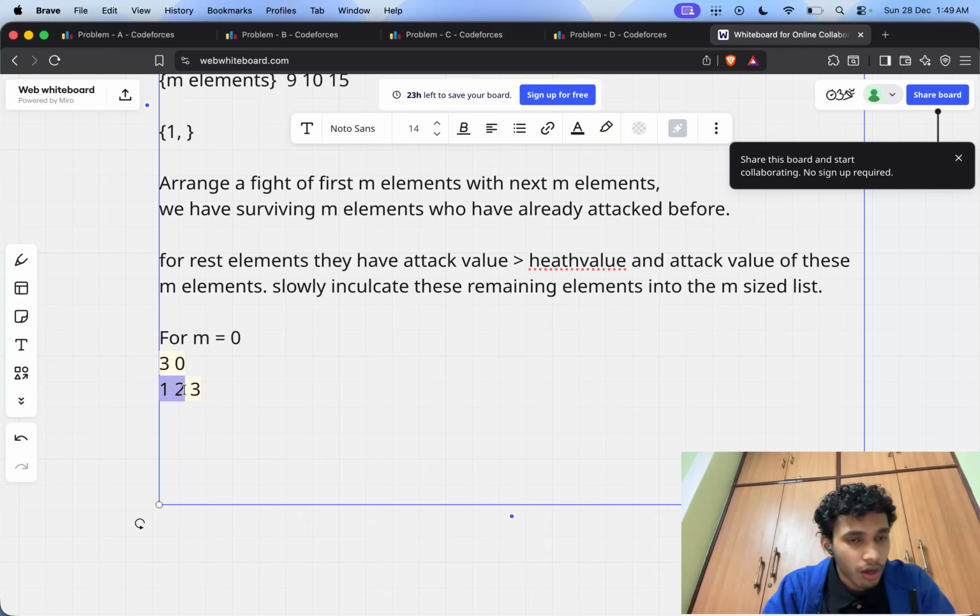If we let some elements fight such that first all the elements are sorted in attack order. First element fights second element, then first element will be dead for sure, and second element will be surviving for sure. Then second fights third, second dead, third remaining. Third fights fourth, third dead, fourth remaining, and fourth has attacked before.